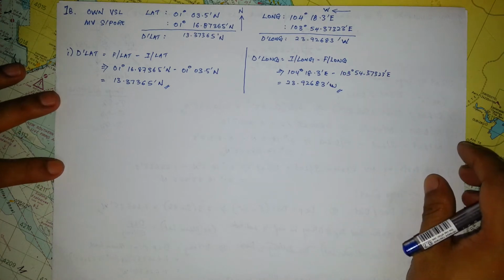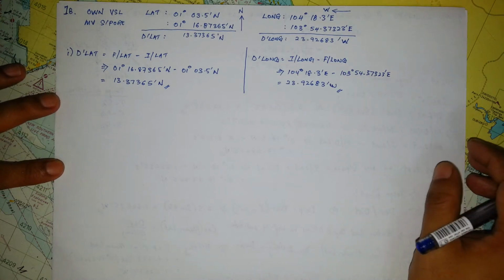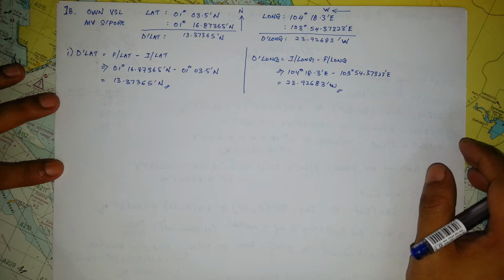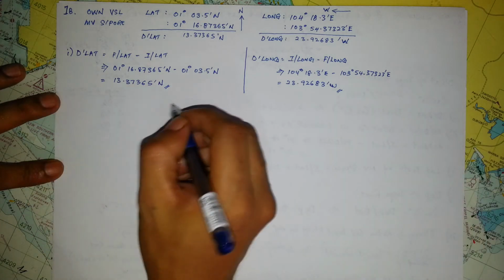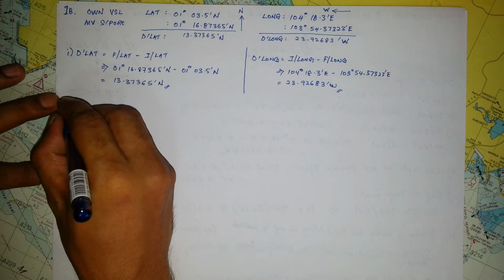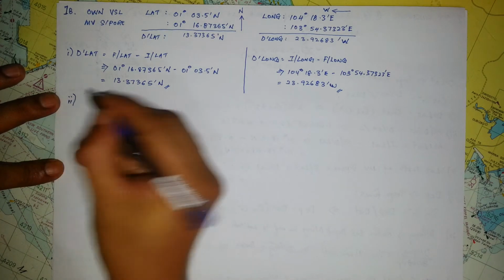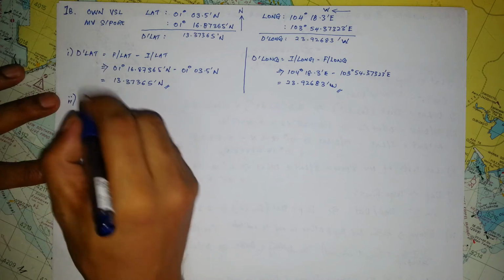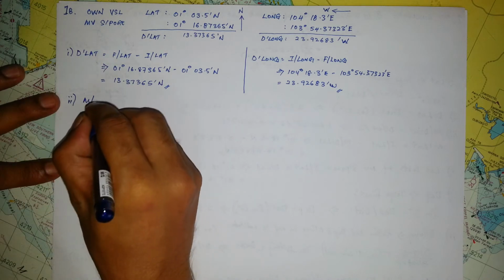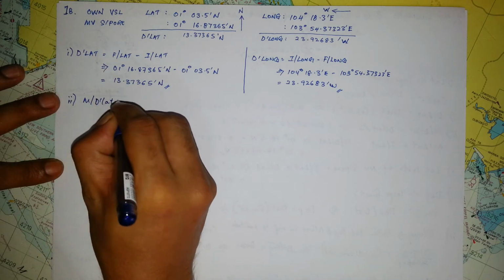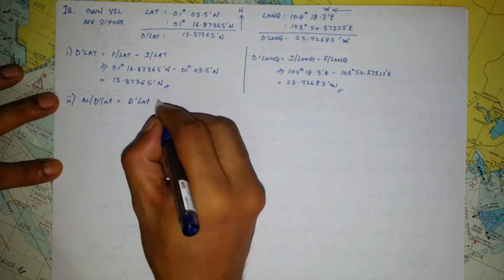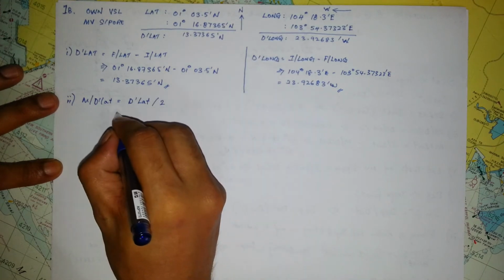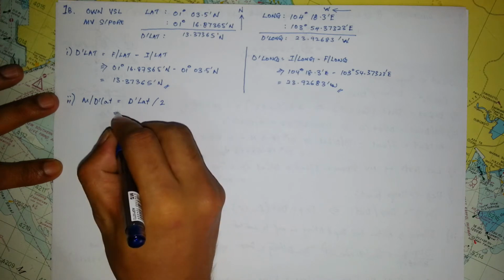So we have the D-lat and we have the D-long. We need to find the mean lat. So before finding the mean lat, we have to find the mean D-lat. So the mean D-lat equals the D-lat divided by 2.